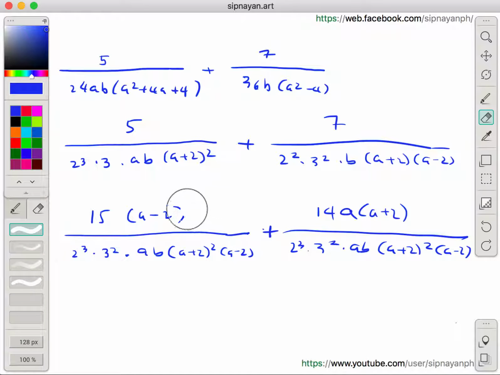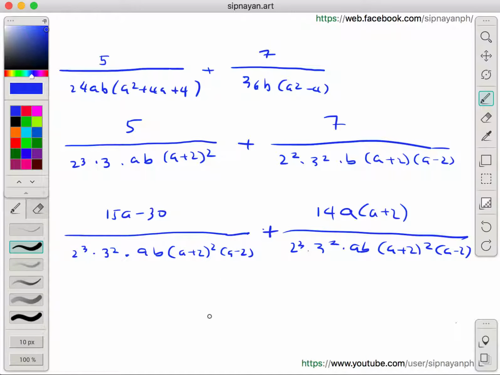So, this is 15a minus 30. Next, 14 times a squared plus 14 times 2 is 28a. So 14a squared plus 28a. Sana hindi tayo nagkamali.